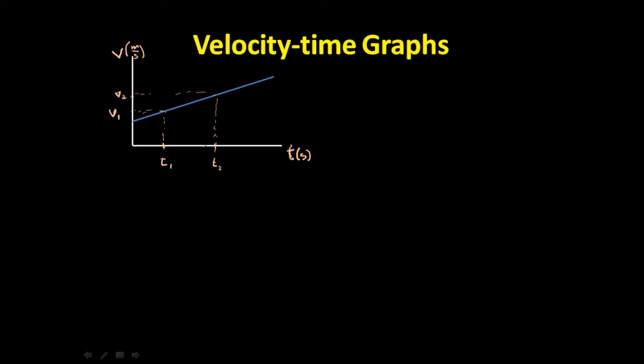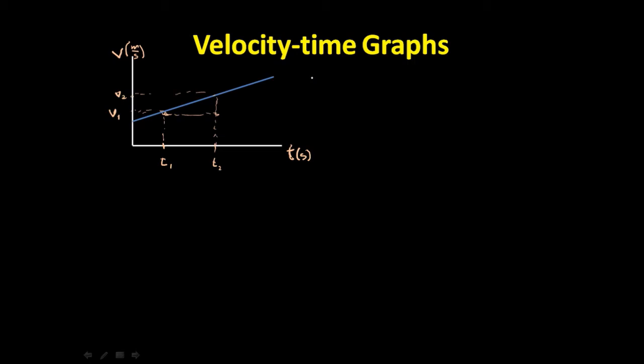Now, one of the things that you learned in Algebra 1 was how to compute the slope of a line. This happens to be a straight line, and you know that you compute slope by finding the rise here and the run here and taking rise over run.